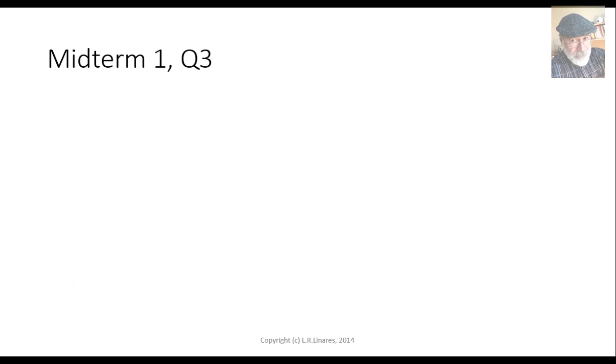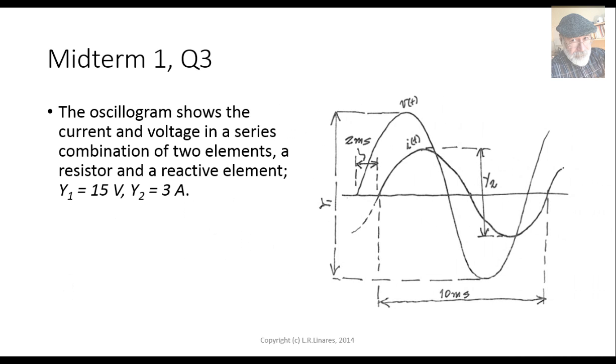Now, question number 3 of the first mini midterm. The oscillogram shows the current and voltage in a series combination of two elements, a resistor and a reactive element. That is, the other one could be a capacitor or an inductor. They're not telling us that. The peak-to-peak value of the voltage Y sub 1 is 15 volts.